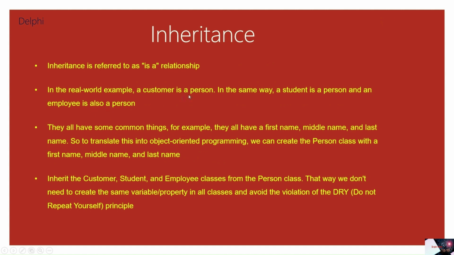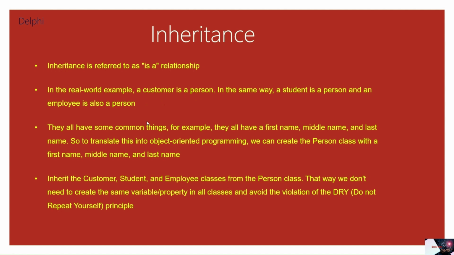In a real world example, a customer is a person. In the same way, a student is a person, and an employee is also a person. So we can say that the student, employee, and customer are all persons. They all have some common things, for example the first name, middle name, and last name.